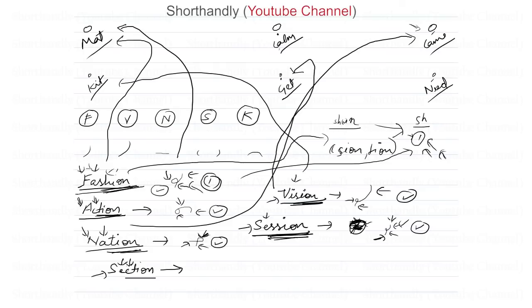Let's make this word like this, or like this. So first of all, S, then this is our E vowel, which is a small circle, then we have this K, then we have this Shun. So this is our word section.